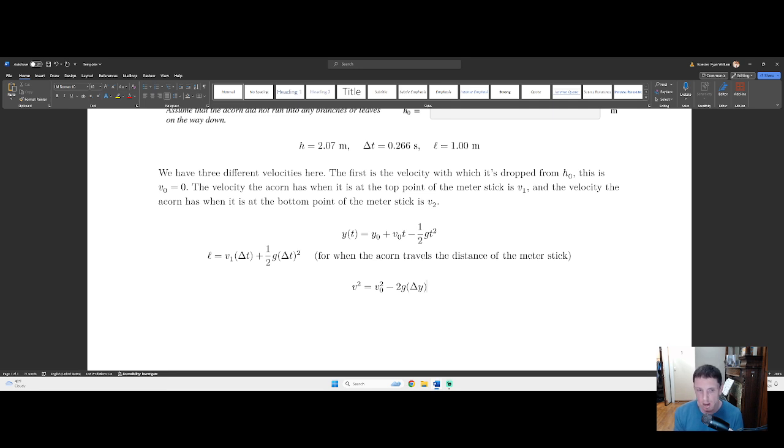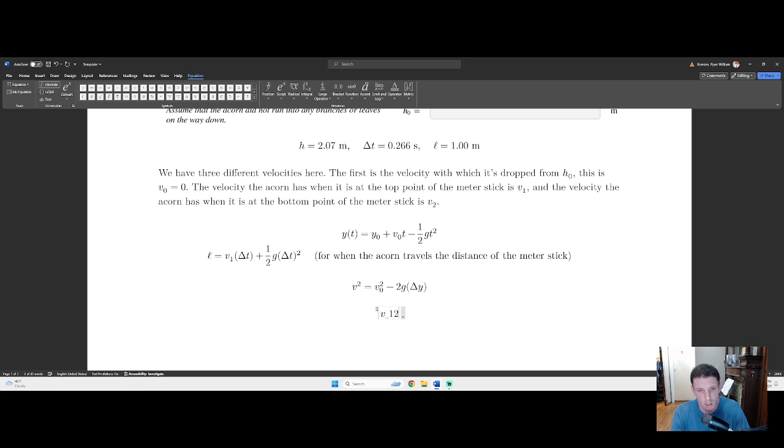Because we know now, I said in principle, the velocity it has when it hits the top of the meter stick. So if we can just figure out how far it has to travel in the vertical direction to get that speed, then we're pretty much good to go, okay? So this is the general form of the equation I'm using. Now I'm going to plug it in to match what I've written.